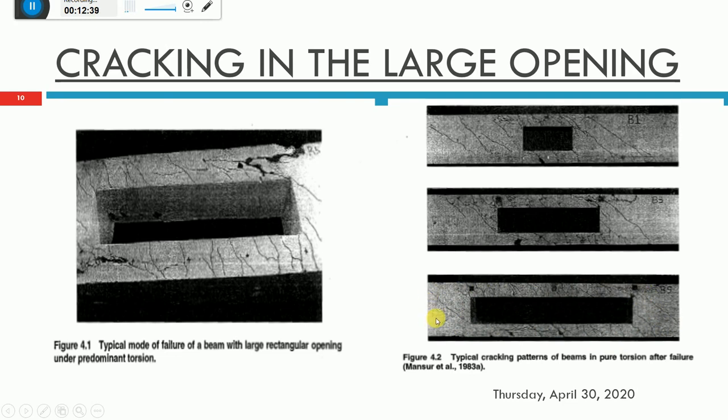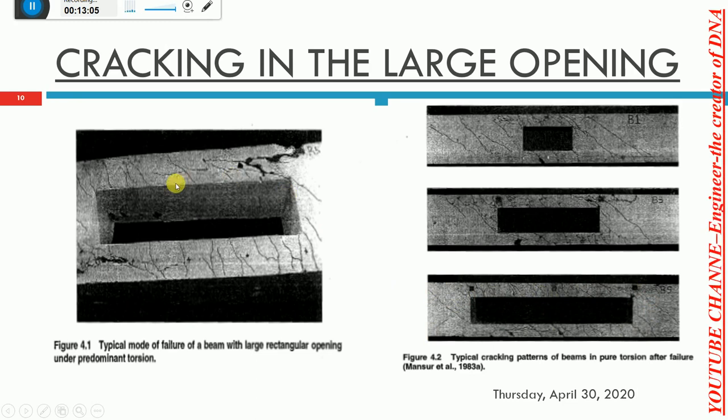You can see the cracks will develop from the top end to the bottom end, at a 45-degree alignment. If we compare to this element, the top chord and bottom chord cracking will be somewhat less, but we have to provide that much reinforcement to accommodate everything.